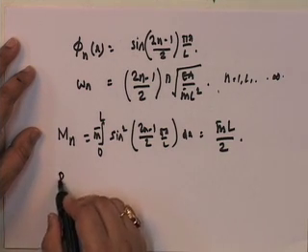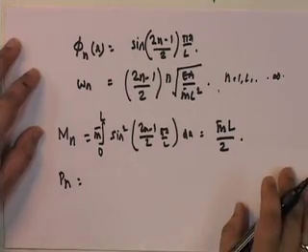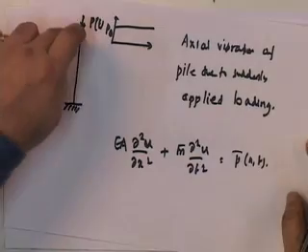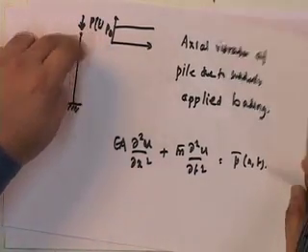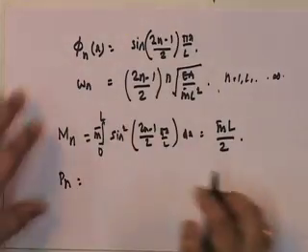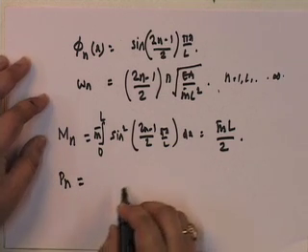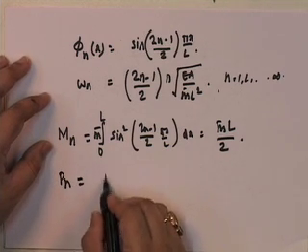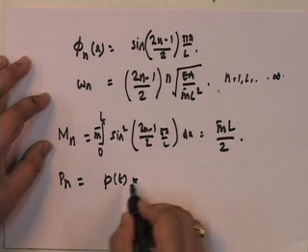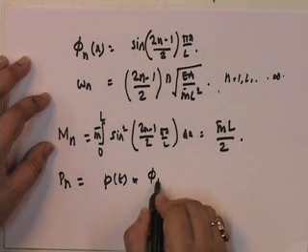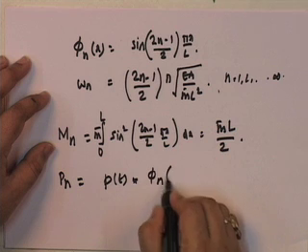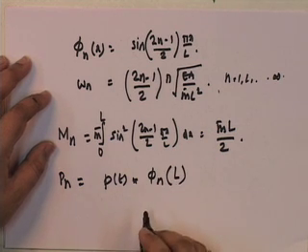And Pn, note that since this is a point load, it is Pn equal to P of t into phi n at L.